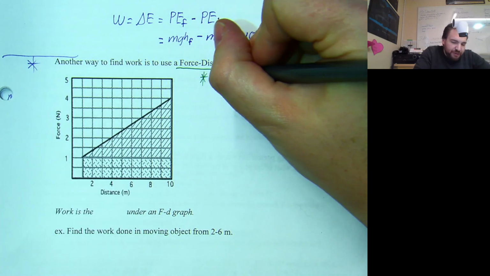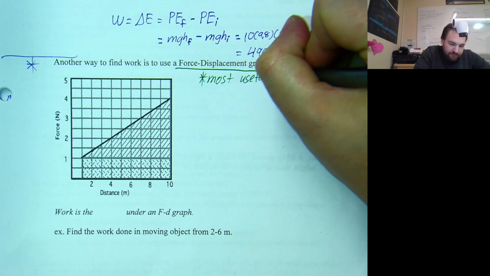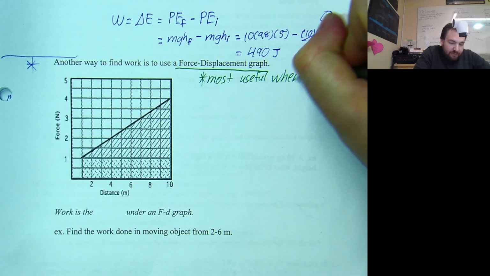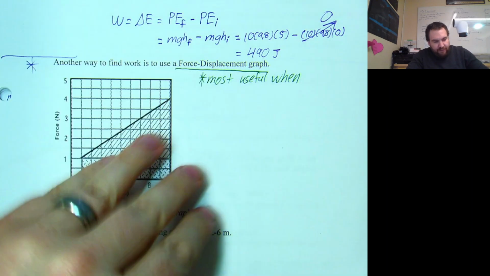This is most useful when? No. Yes, but no. When do we need it? Because we could always use a force displacement graph, right? Like, if I told you the force was, what was the value from the homework?